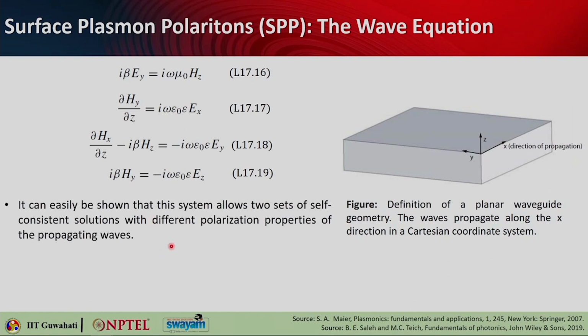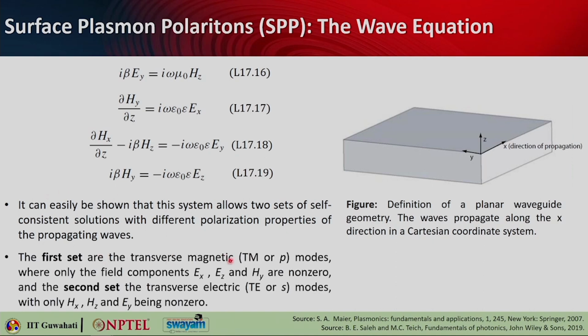Now, it can be easily shown that the system allows two sets of self-consistent solutions with different polarization properties of the propagating wave. So, there are basically two solutions which are possible. The first set are the transverse magnetic, TM, or you can also call them P modes, and in this case you are only bothered about Ex, Ez and Hy.